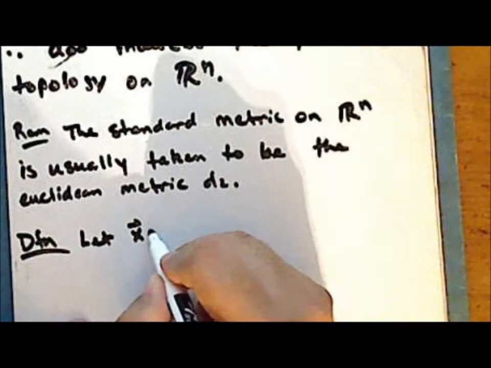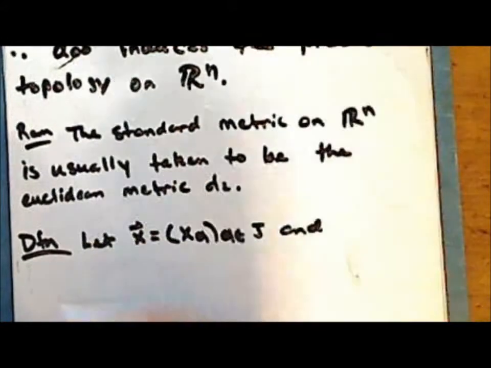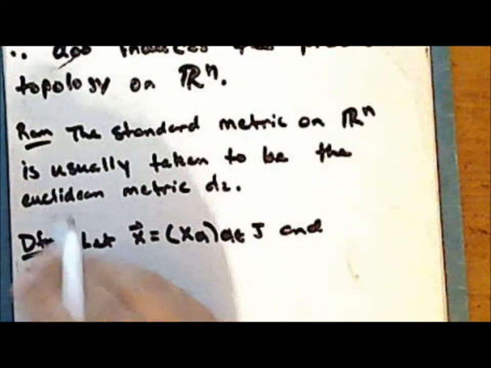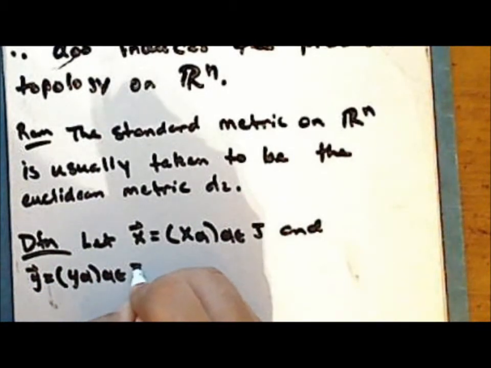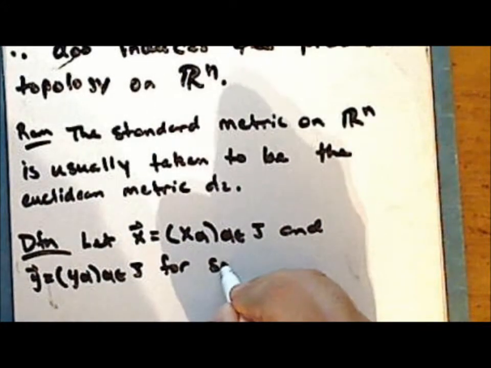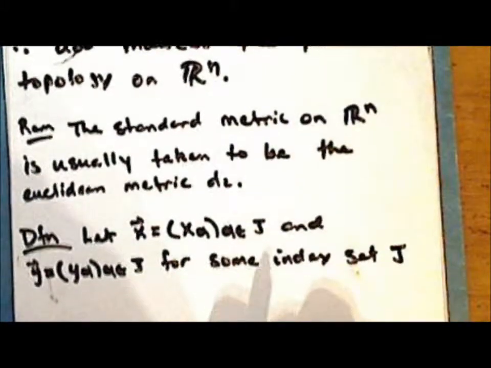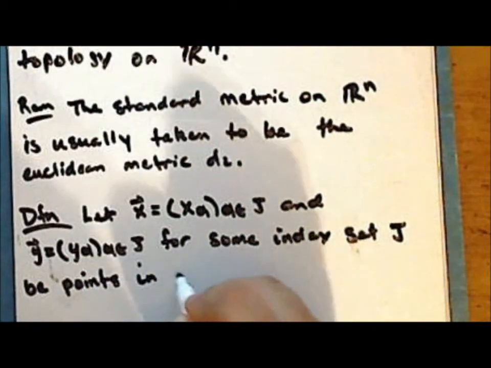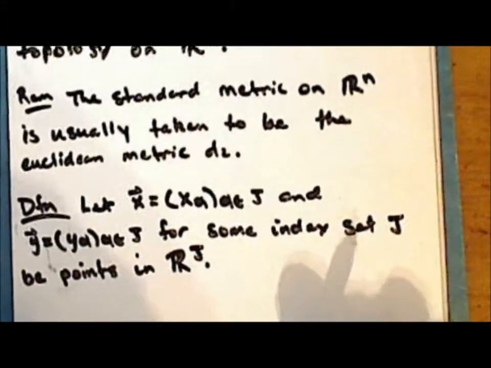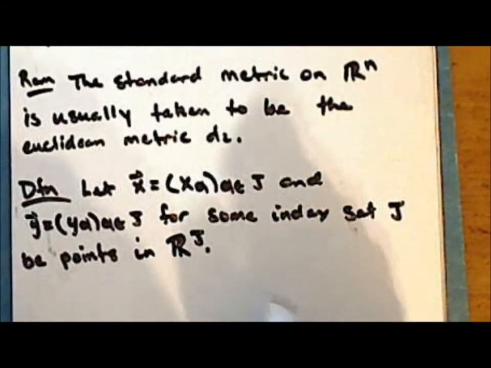Let the points x and y, with coordinates x sub alpha and y sub alpha for some index set J, be points in the product space R^J.